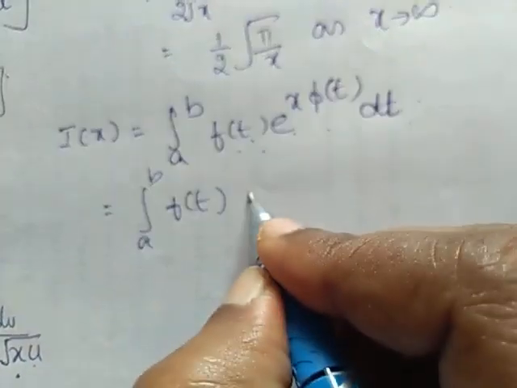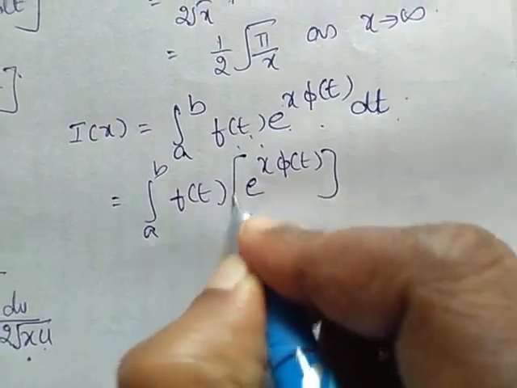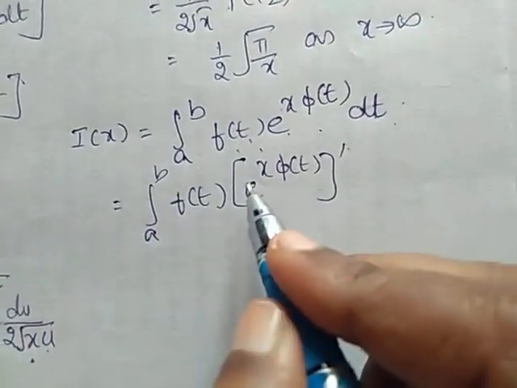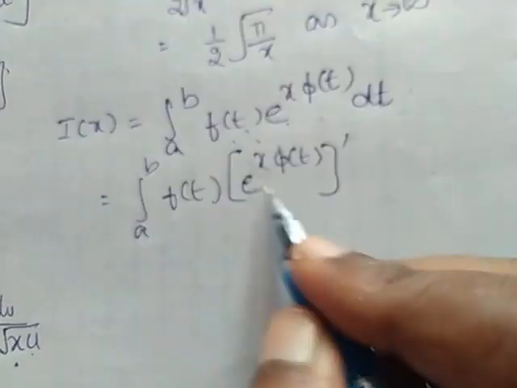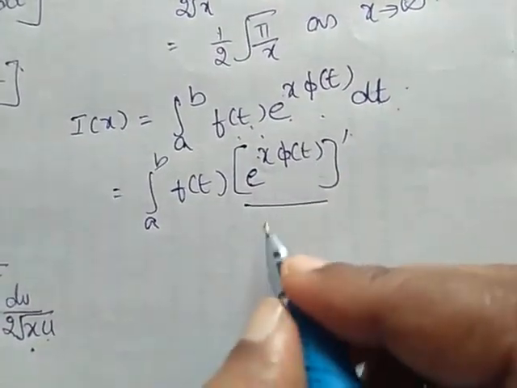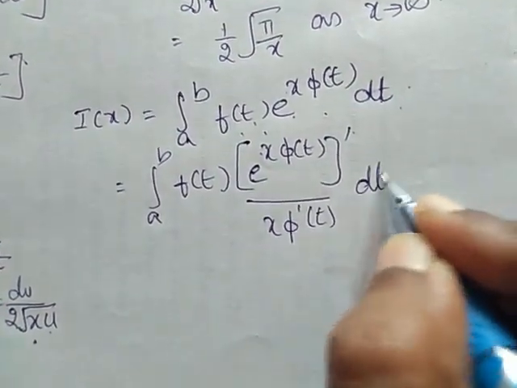This we can write as e power x phi of t, whole dash, where dash means derivative of this. If we differentiate this, e power x phi of t remains as it is, and differentiation of the numerator gives x into phi dash of t dt.